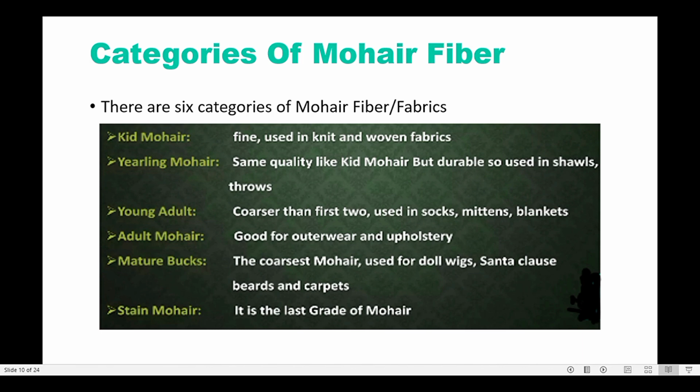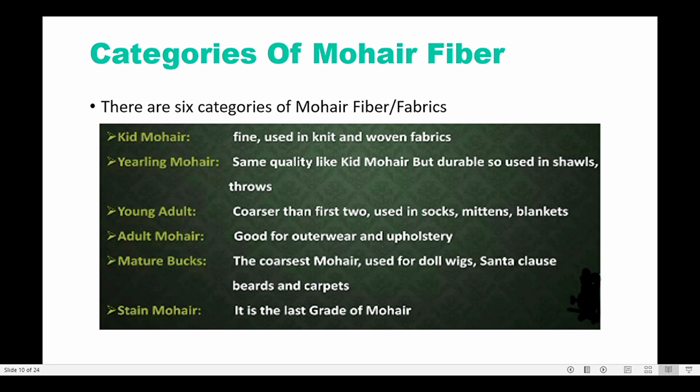Further, we will discuss the categories of mohair fiber. There are six categories of mohair fibers or fabric. First is kid mohair. It is fine, used in knit and woven fabric. Second is yearling mohair. Same quality as kid mohair, but more durable, so used in shawls and throws.